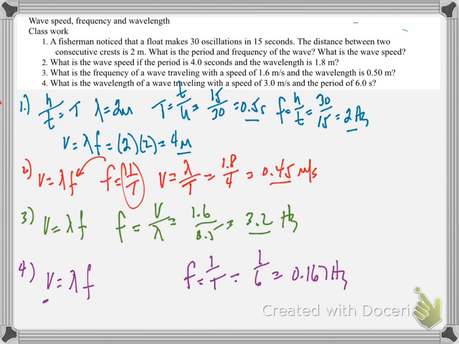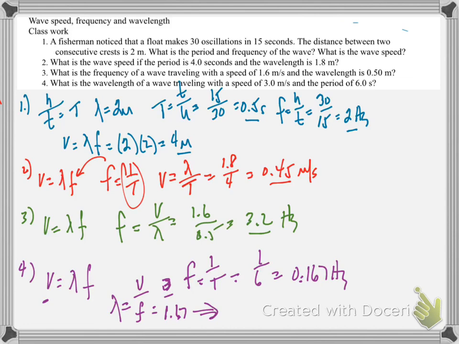And we can solve for wavelength by dividing by frequency. So we have wavelength equals velocity over frequency. The velocity that they gave us was 3. And the frequency that we calculated was 1.67. Getting kind of sloppy.